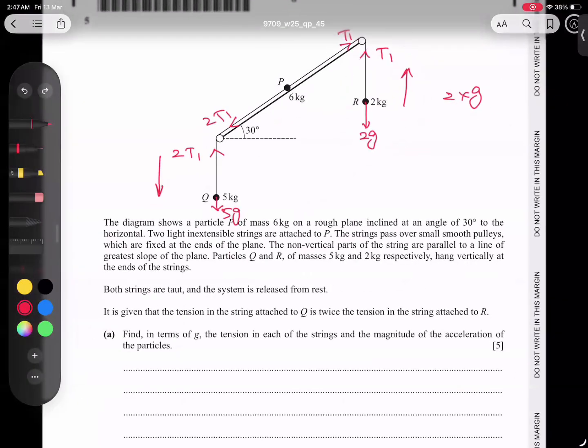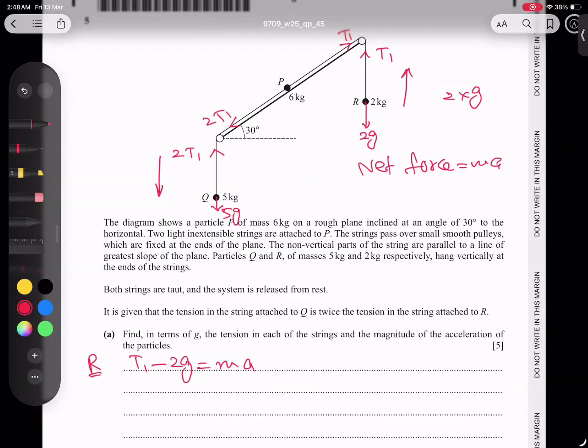And you know, net force equals ma. Because the system is moving upwards, the bigger force is tension 1 and this is the smaller force. So I'm writing it below here. For particle R, T1 minus 2g equals ma, and mass is 2 and acceleration is a. I got the first formula.